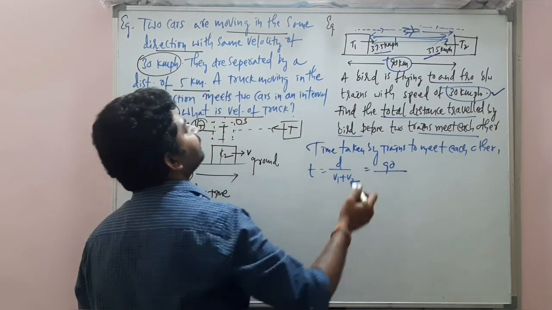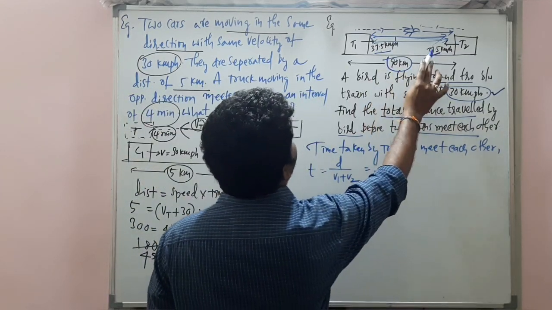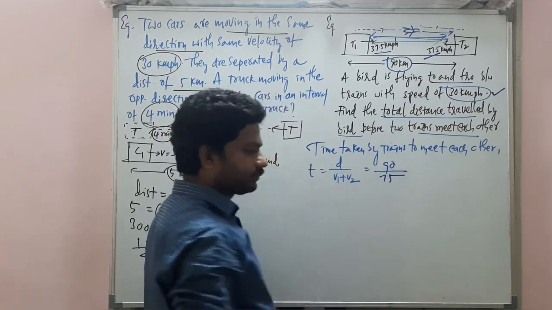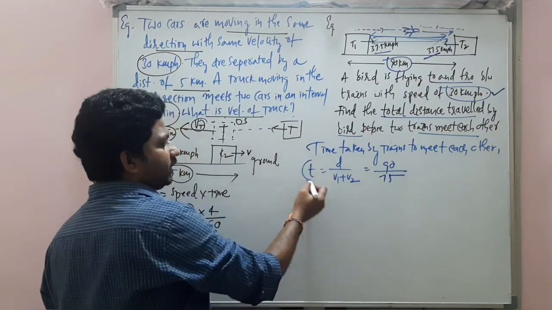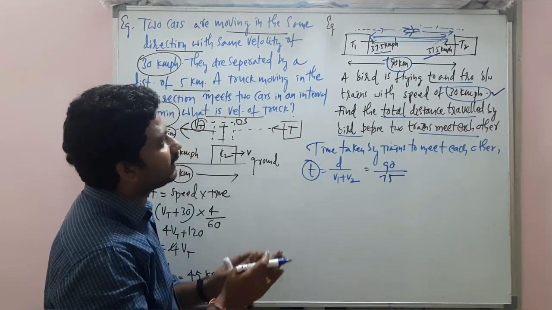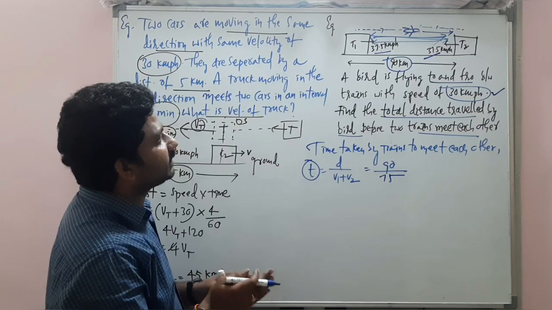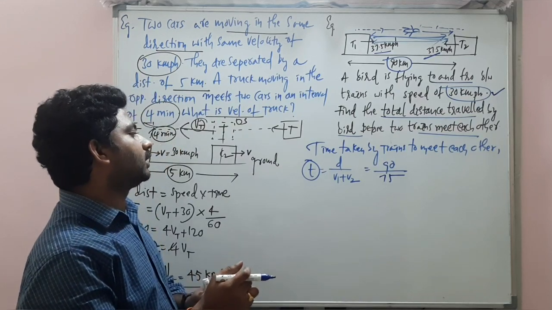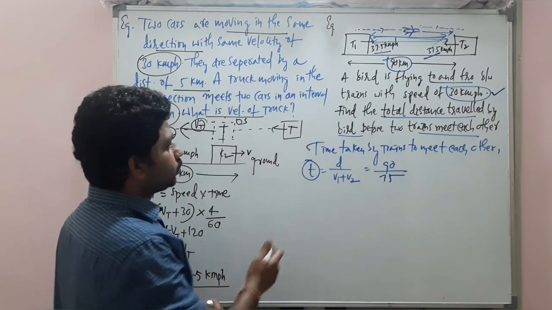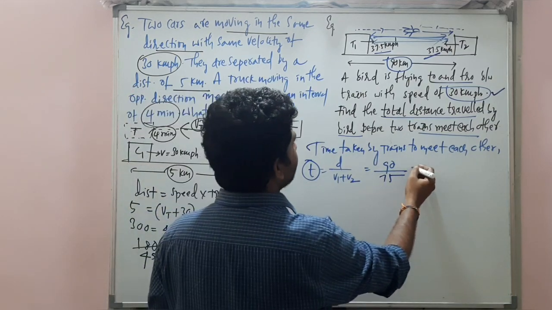How much is it? So it is 75, right? So T is 75. So let us write it, for your better understanding. So what is this time? You get it in hours.